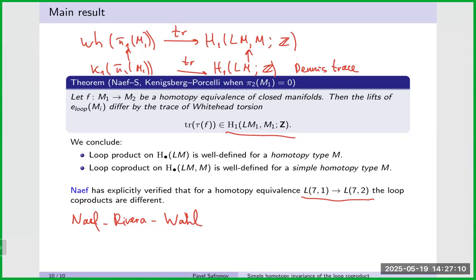So really the meat of the argument is how the Euler structure changes. The rest is some TQFT or algebraic arguments, which are fairly straightforward.